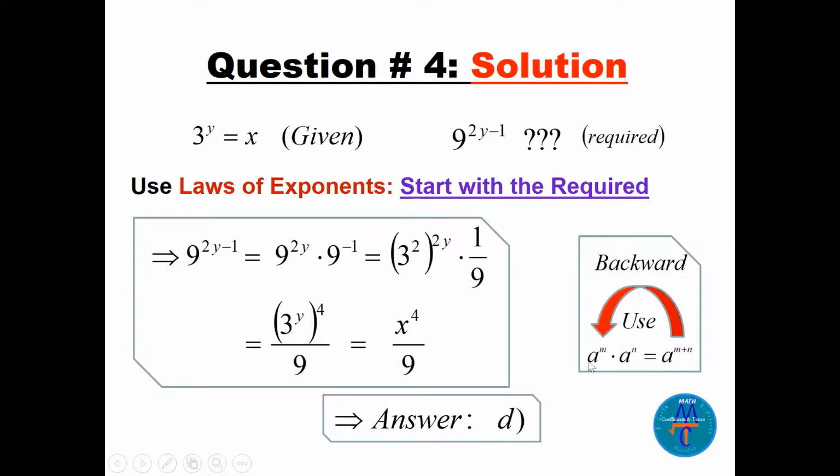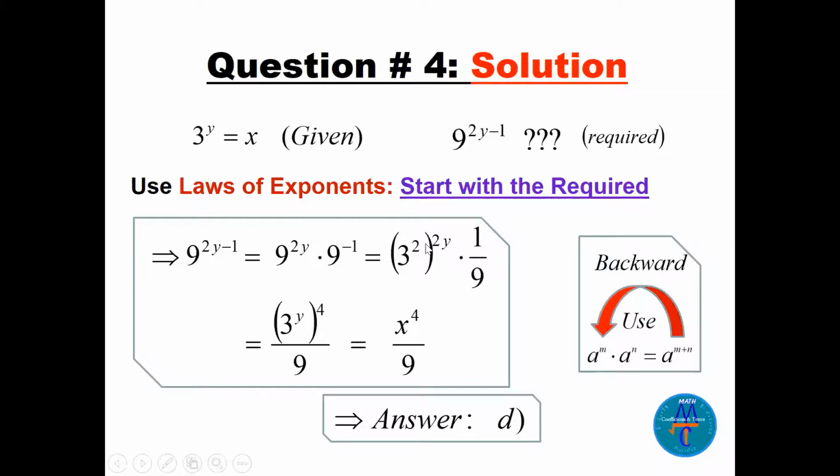We know a to the power m times a to the power n equals a to the power m plus n. Everyone knows that. Now go backward. You see backward. If you have this, you can split it into 2. 9 to the power minus 1, 1 over 9, leave it. 9, I can write it 3 squared, you see? 3 squared.